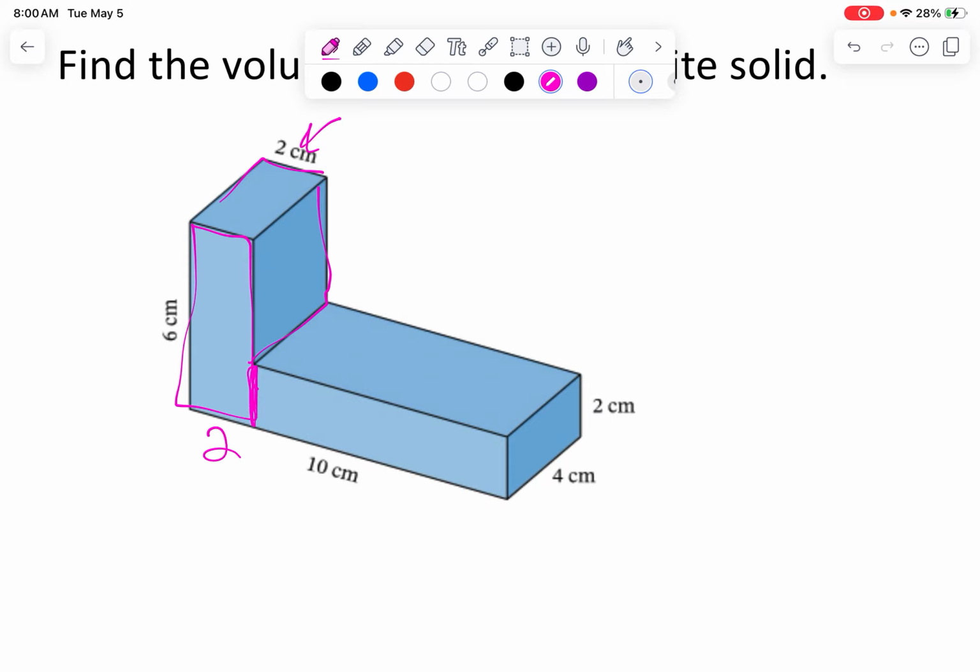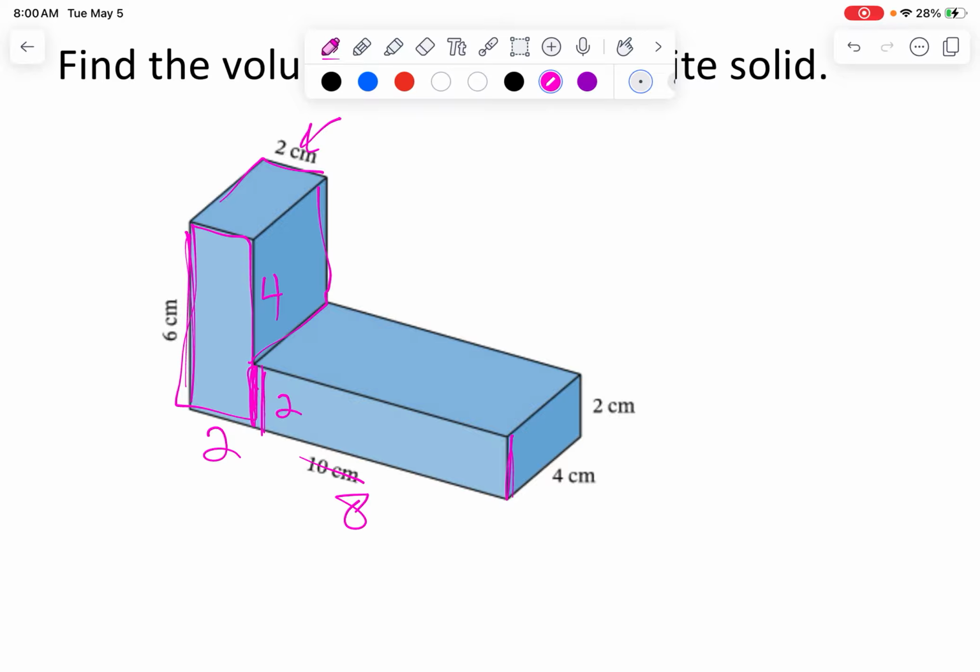So I know that this is 2. This is going to be from here to here is 8. Now, it's 2. This is 6. And this distance is 2, so that makes this 4. So I'm just trying to figure out, okay, what am I dealing with?